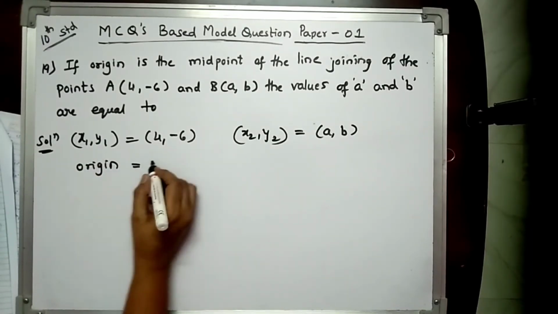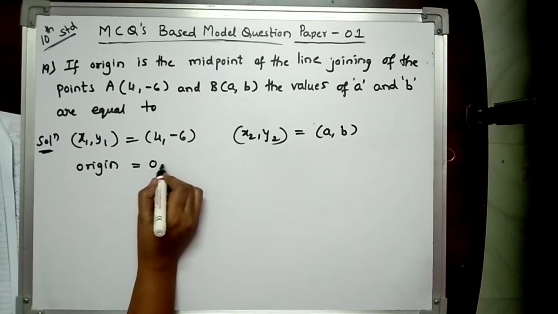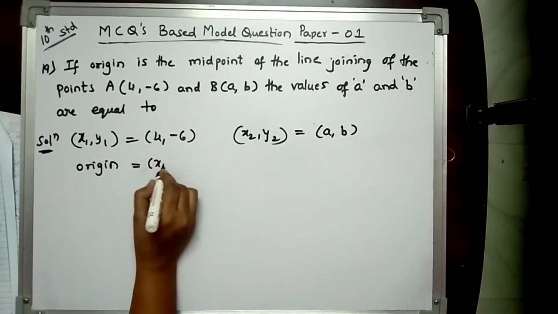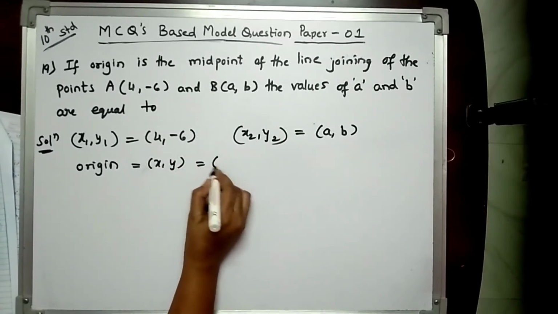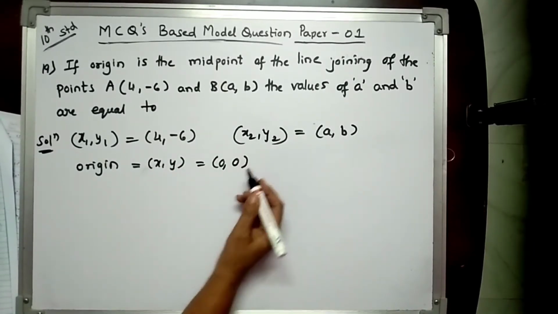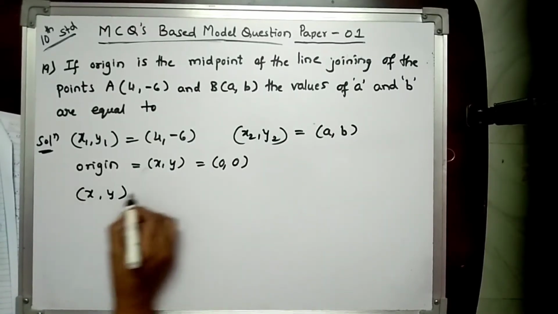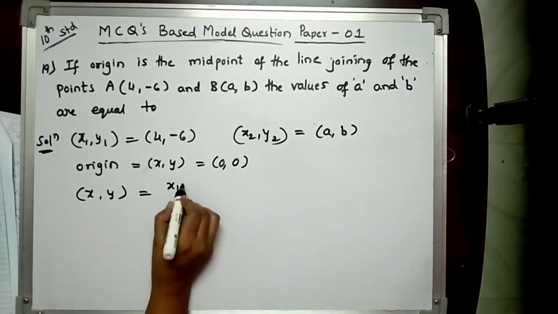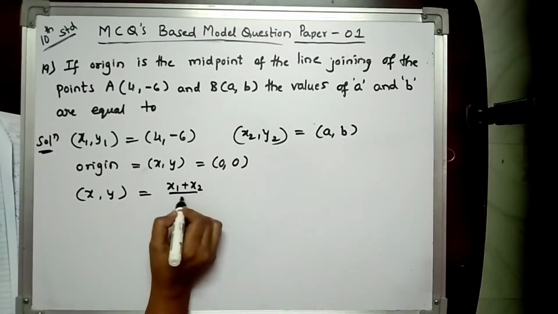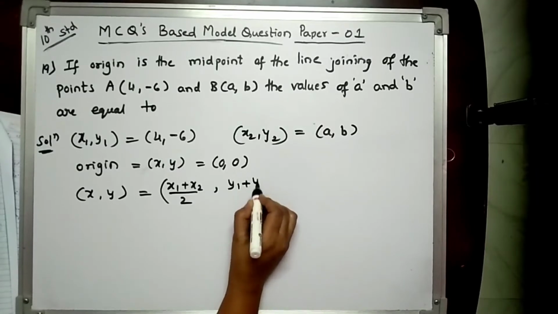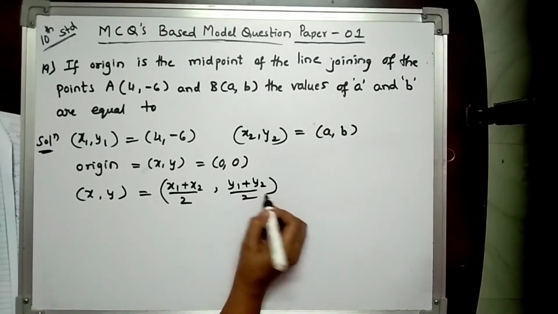Next, the midpoint origin x comma y is equal to 0 comma 0. Midpoint formula: x comma y is equal to x1 plus x2 by 2 comma y1 plus y2 by 2.